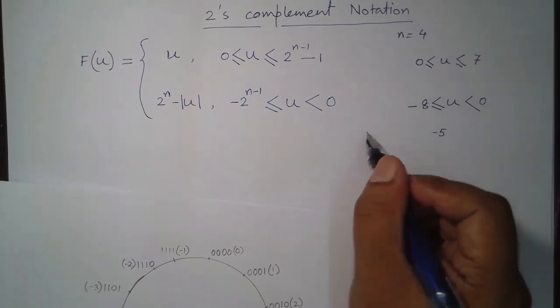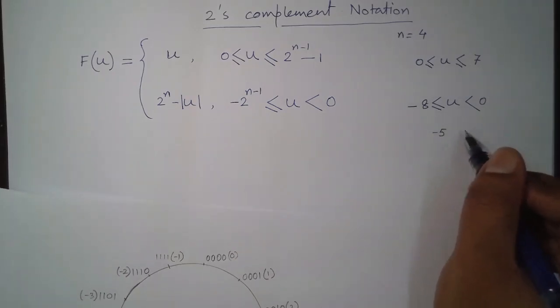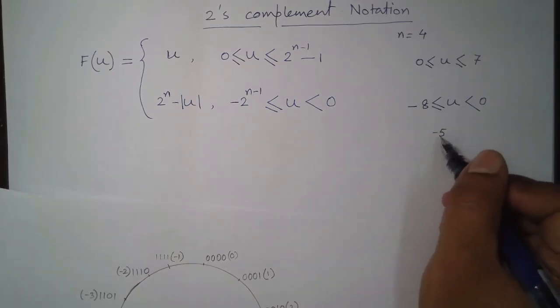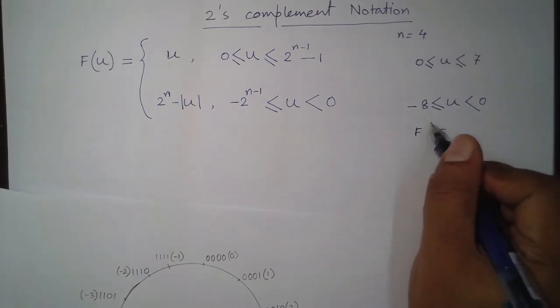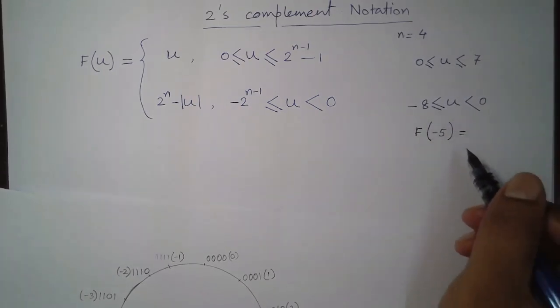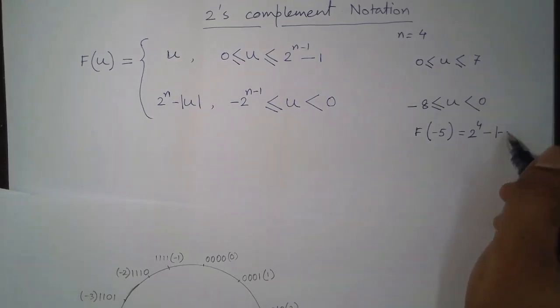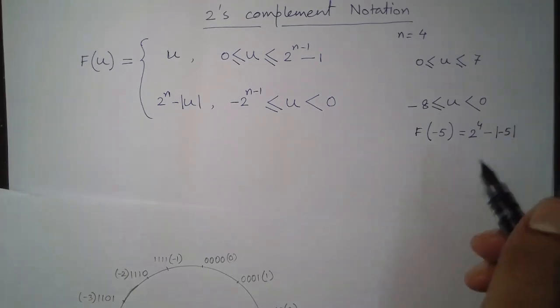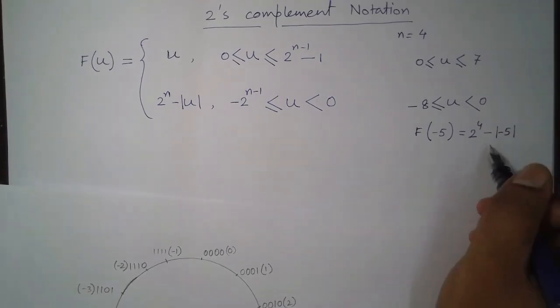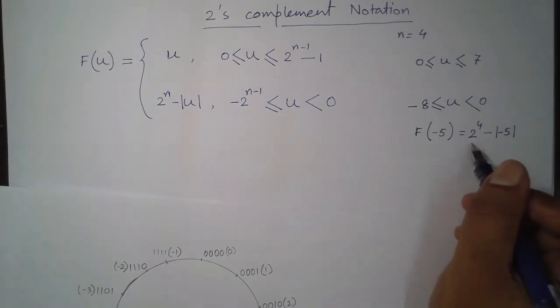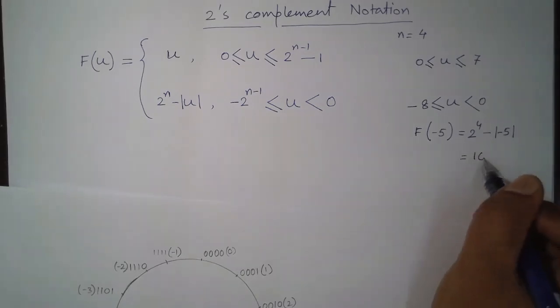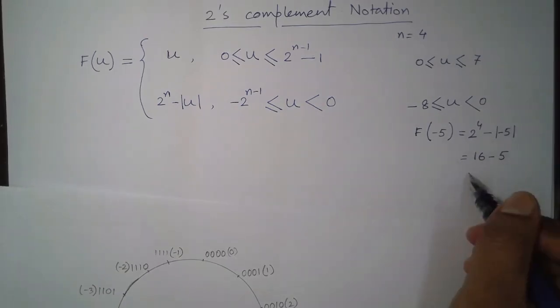So minus 5 will be represented as, basically f of minus 5 will be 2 to the power n, which is 4, minus mod of minus 5. Mod of minus 5 is 5. So 2 to the power 4 is 16. So 16 minus 5, which is 11.